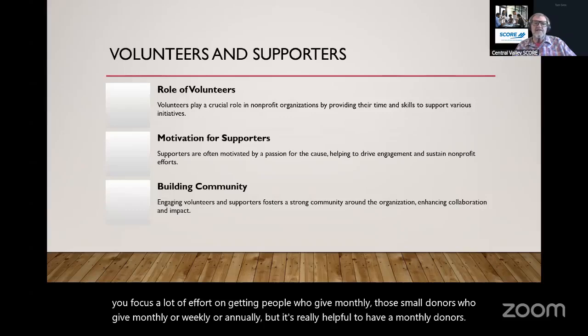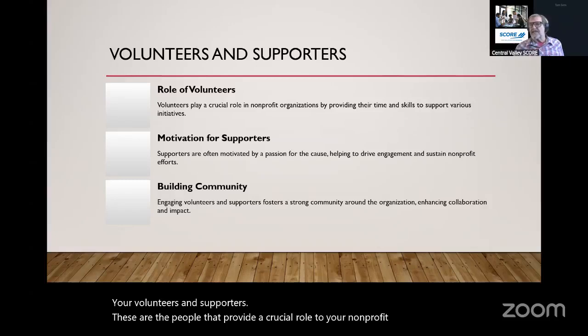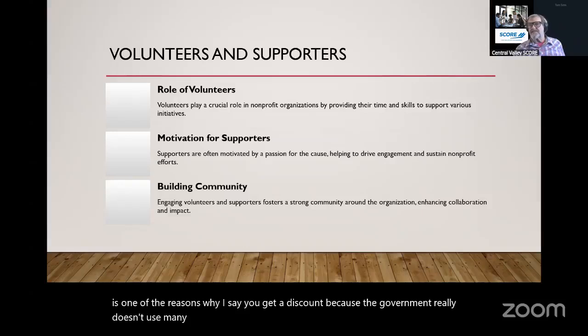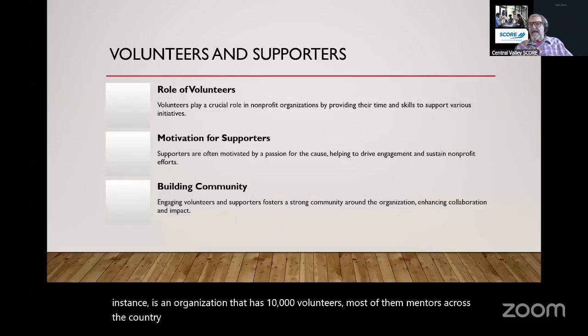Your volunteers and supporters. These are the people that provide a crucial role to your nonprofit organizations. This is one of the reasons why I say you get it discounted, because the government really doesn't use many volunteers, but nonprofits thrive on volunteers. SCORE, for instance, is an organization that has 10,000 volunteers, most of them mentors across the country, and less than 60 employees.